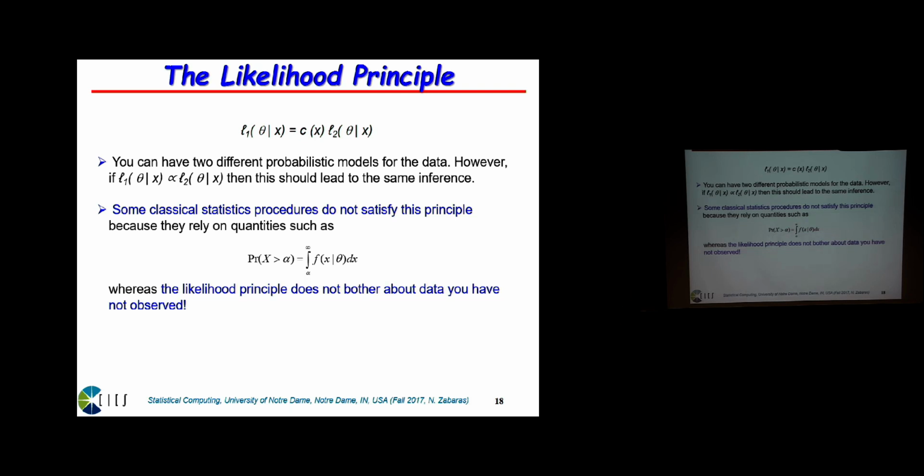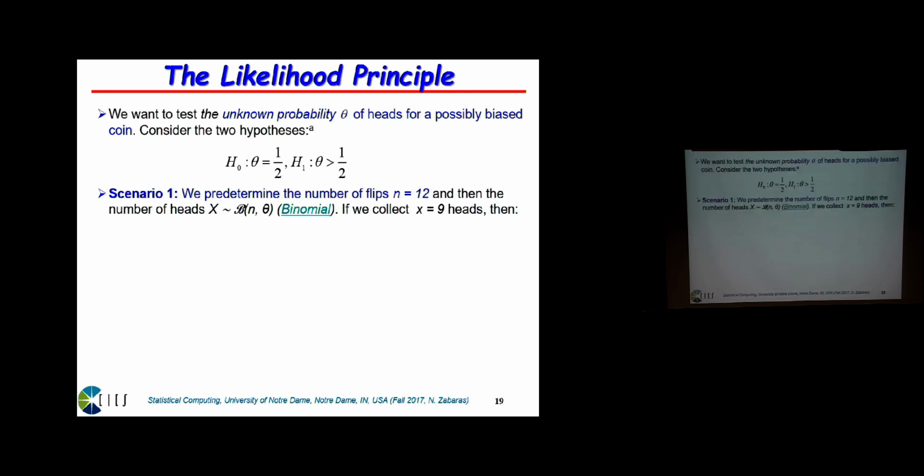You do calculations that don't necessarily involve the observed data, and all of those calculations do not obey the likelihood principle. And I have a very nice example in the notes of two distributions that have proportional likelihoods, but when you compute the integrals like this, they will give you different results. This will not be estimation of parameters, but maybe different decisions that you will make out of this analysis.